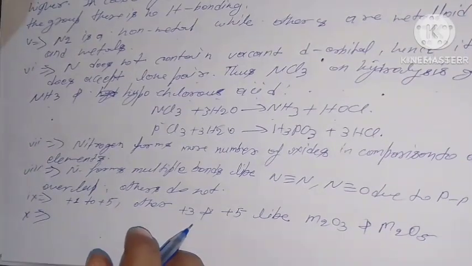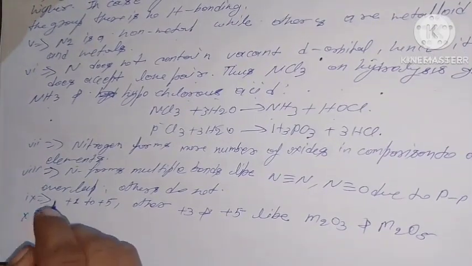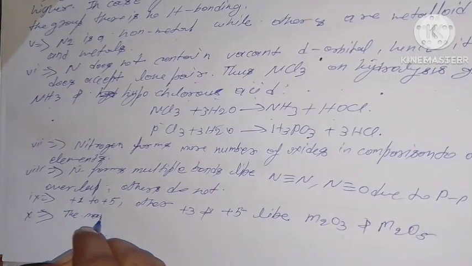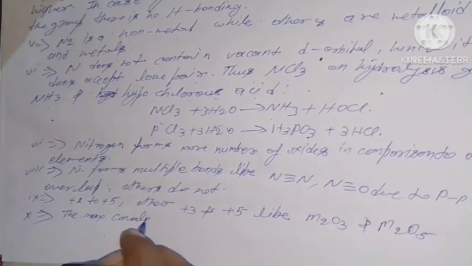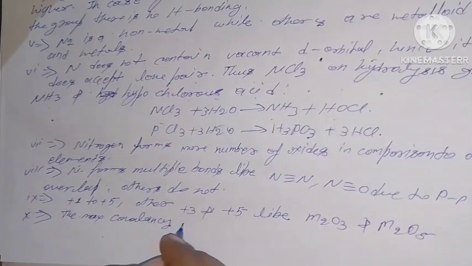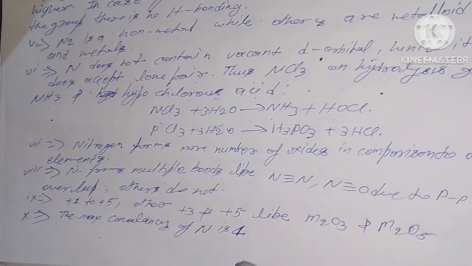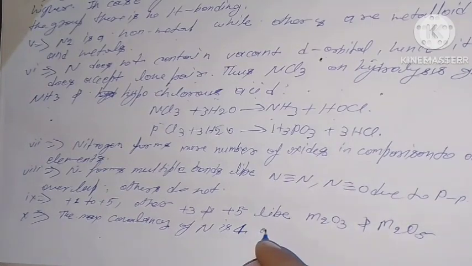Point 10: The maximum covalency of nitrogen is 4, as in NH4+.